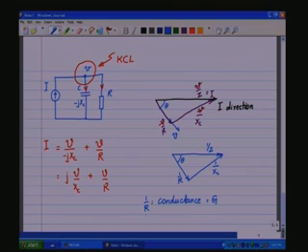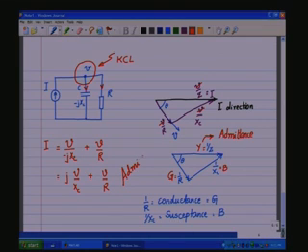Likewise, 1 by X C is called susceptance, and it has a symbol B. Now, you see here, this is 1 by R, which is G, 1 by X C, which is B, and 1 by Z will be, let us say, Y. So, Y is called admittance, and this is called the admittance triangle.